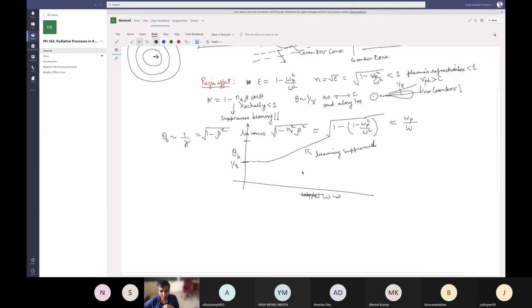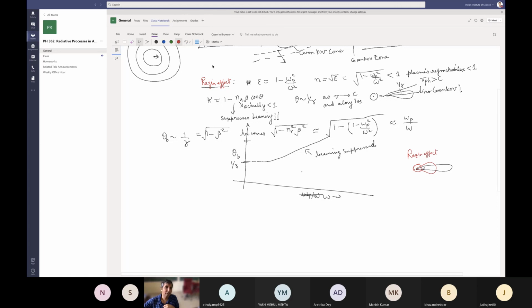If theta_b is small, if you have a particle, this is the beaming. Now if this particle is in a plasma medium, you will get something like this at some frequency, and at even lower frequency it will become almost isotropic eventually. This is called the Razin effect.